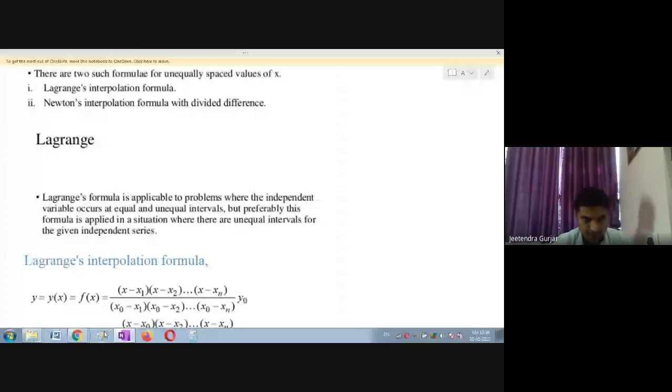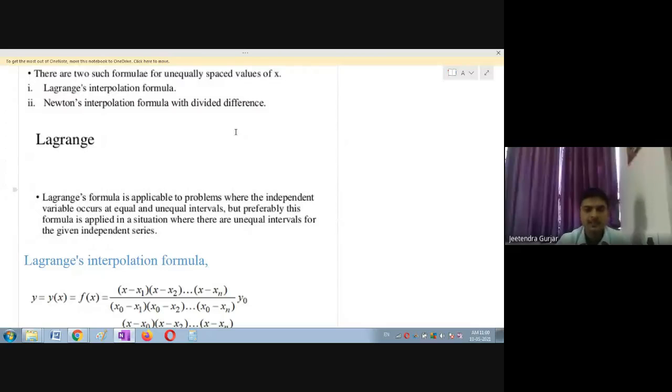So what we were discussing was Lagrange's formula, students. It is applicable to problems where the independent variable occurs at equal and unequal intervals. Lagrange thought, why only equal intervals? We can also study problems with unequal intervals. Preferably this formula is applied where there are unequal intervals for the given independent variable.